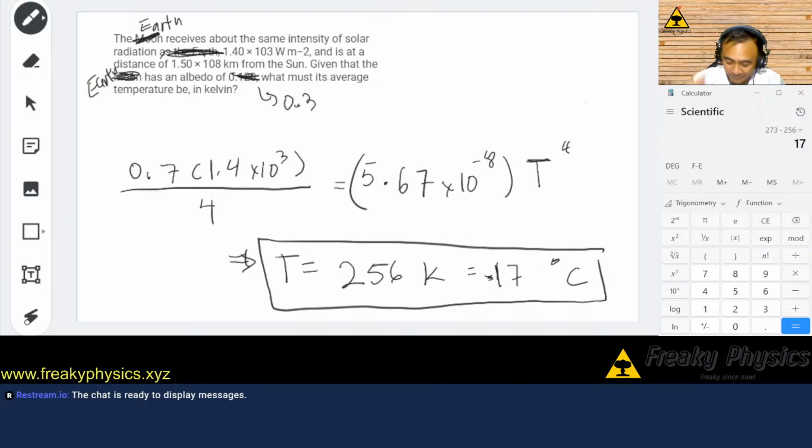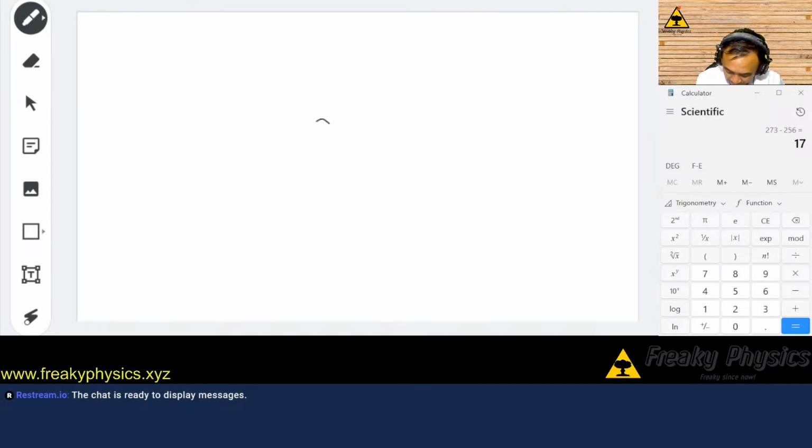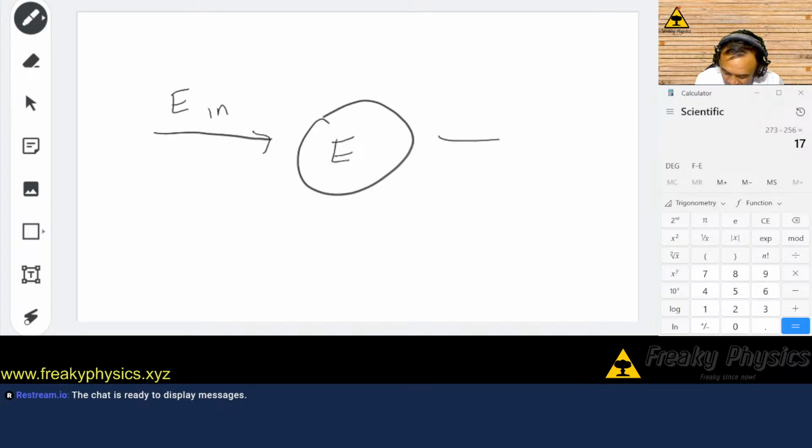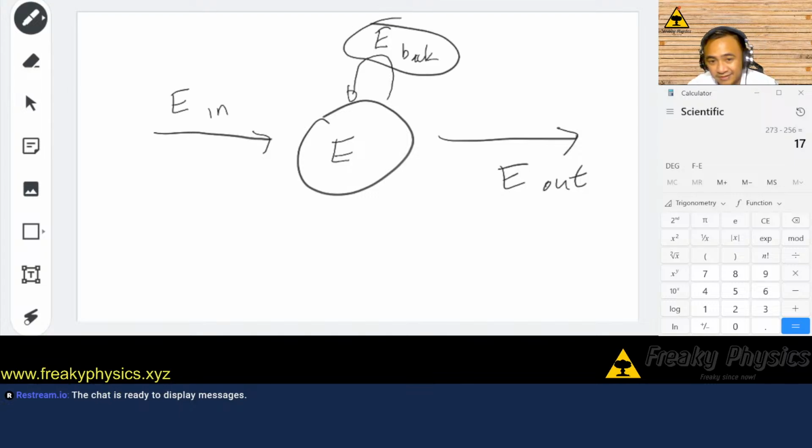With the whole concept. Okay, so quick recap again. If this were the Earth, we have energy in, we have energy out, and then we have energy going back, right? This is what we haven't done yet: the energy going back to the Earth.